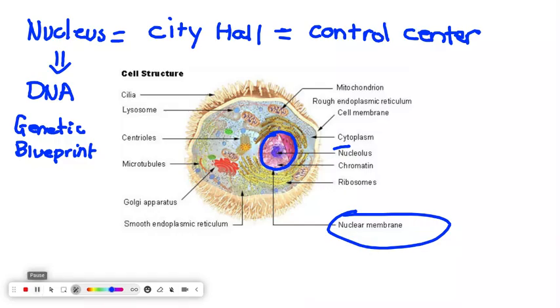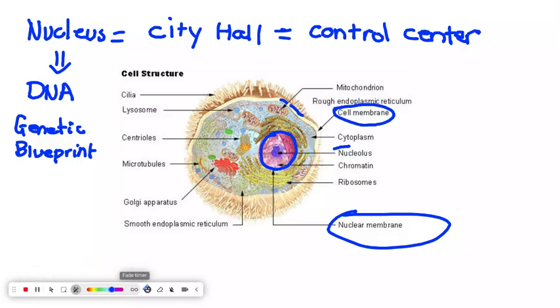Now, surrounding the cell, and we're talking about human cells and animal cells in particular, because animal cells don't have a cell wall like plant cells do. But both plant and animal cells have a cell membrane. And so we can think of the cell membrane as, again, protecting the cell. We can think of it as the guard. It lets some things in, but doesn't let everything in.